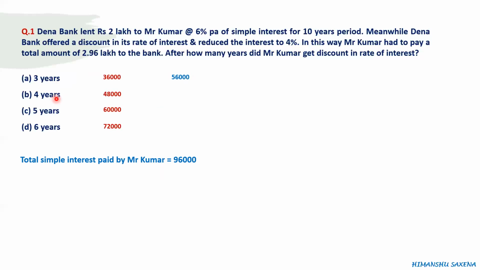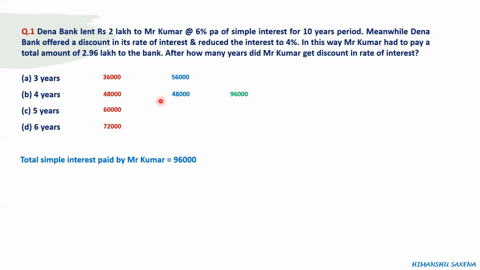So in option B, 6 years are left, because for 4 years he has paid 6%. So the remaining 6 years he would be paying 4%. So here in 6 years he would be paying 6 into 8,000, which is 48,000 rupees. Now you can stop here, because you can see that he has paid 48,000 rupees interest for the first 4 years, and for the remaining 6 years he is again paying 48,000 rupees interest, which means a total of 96,000 rupees interest.